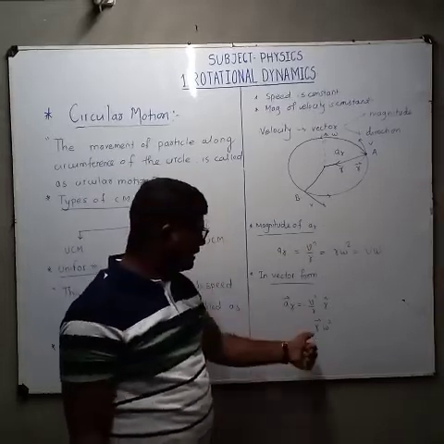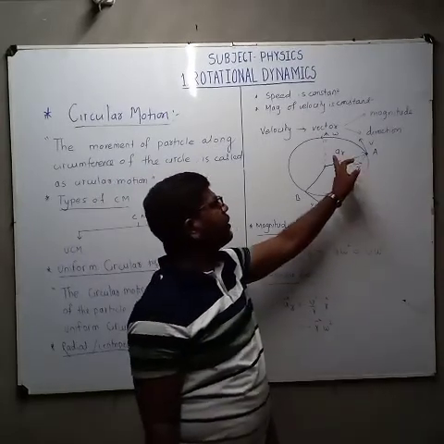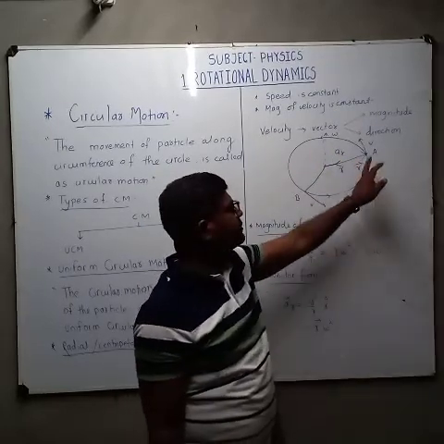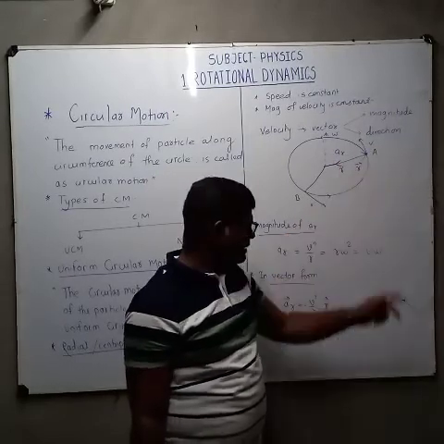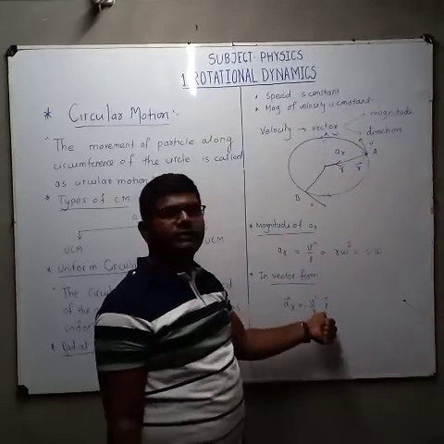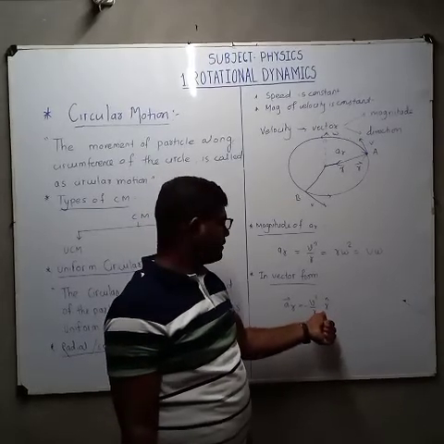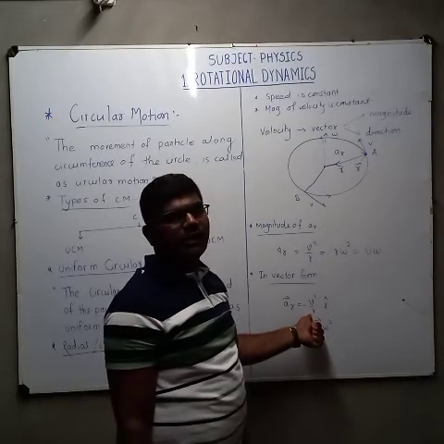The negative sign indicates that the direction of radial acceleration is opposite to that of the radius vector, and r cap denotes the unit vector of r bar.